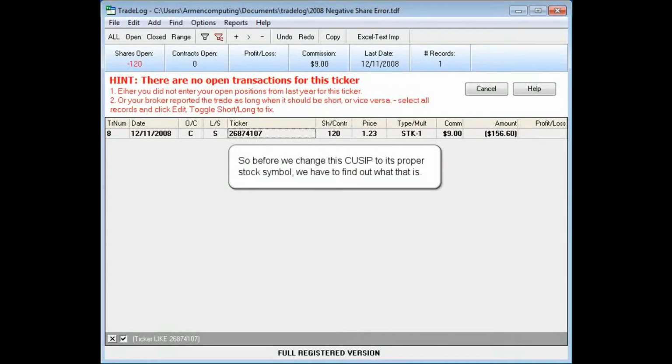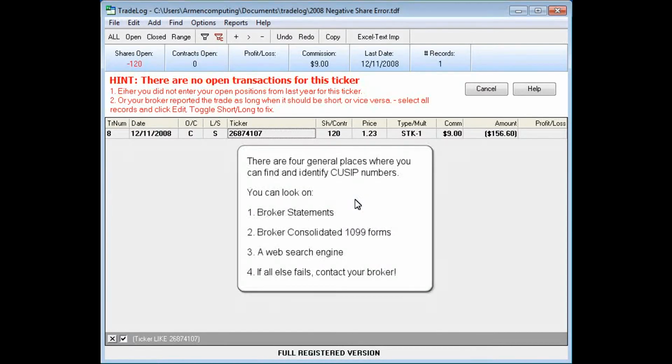So before we change this CUSIP to its proper stock symbol, we have to find out what that is. There are 4 general places where you can find and identify CUSIP numbers. You can look on broker statements, broker consolidated 1099 forms, a web search engine, or if all else fails, contact your broker.